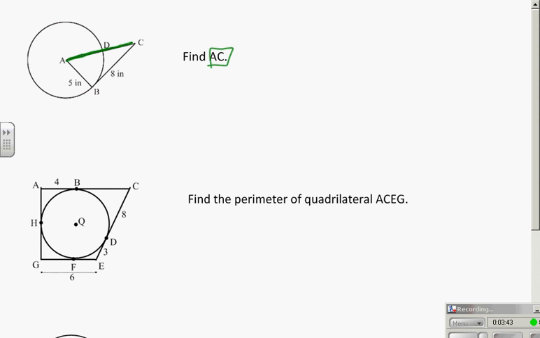But since I'm trying to find A to C, this whole length, that happens to be the hypotenuse of a right triangle, ABC, since BC is tangent, the radius there, and so AC squared is going to be equal to 5 squared plus 8 squared. Remember, hypotenuse is always opposite. So AC squared is 25 plus 64.